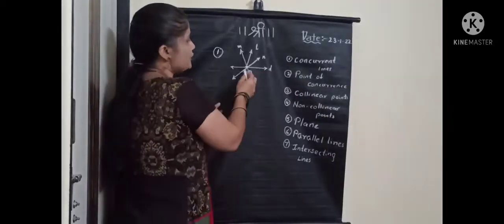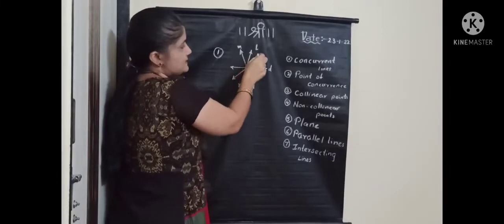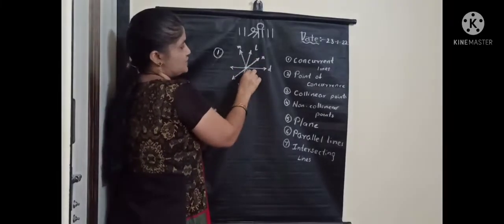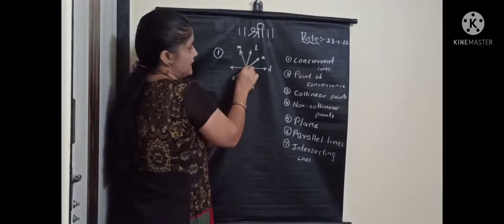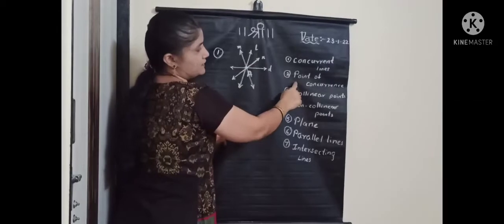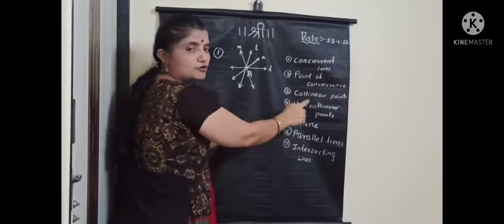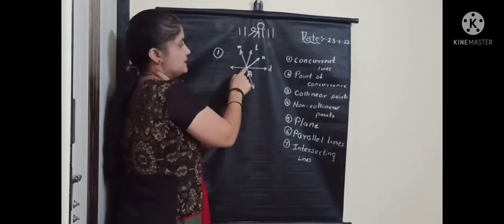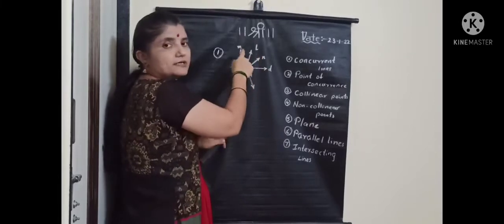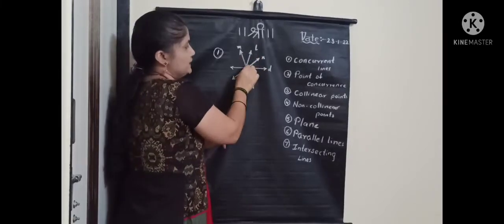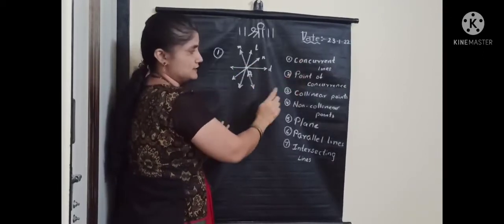And the point through which these lines are passing, which point is it? Point A. This point A is said to be the point of concurrence. What is meant by point of concurrence? It is a point through which many different lines pass. So that point is called the point of concurrence.